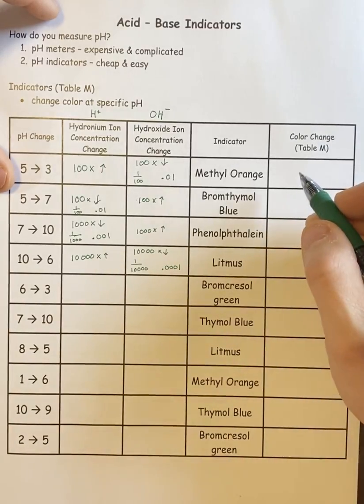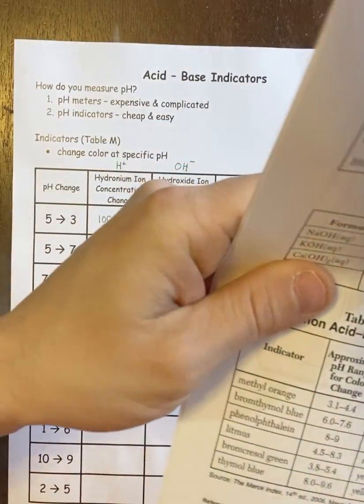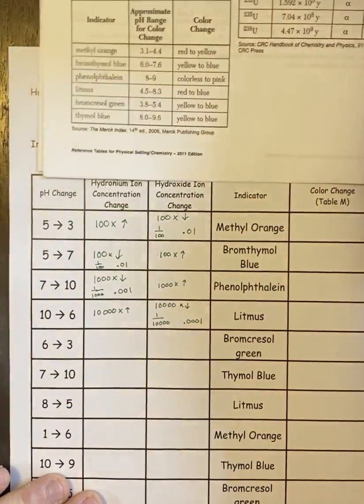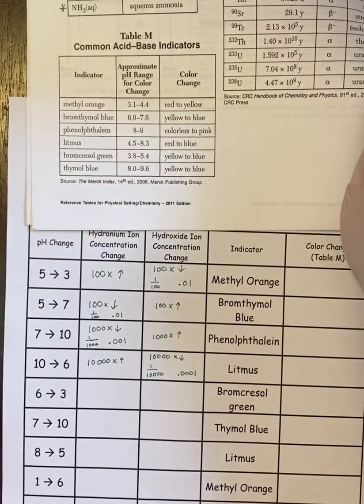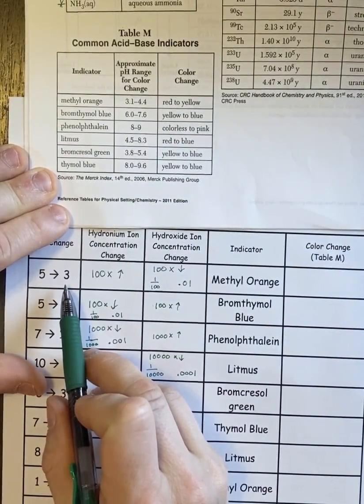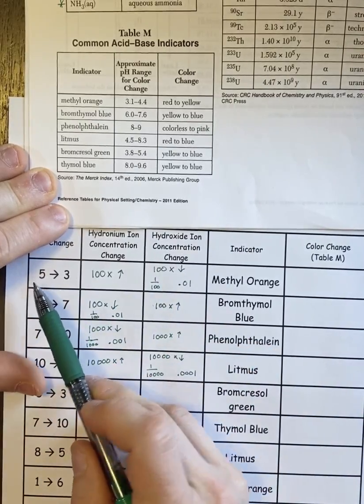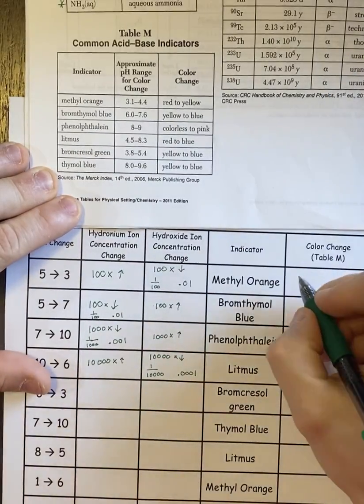Now, in terms of the indicators, here's how it works. Let's look at these with table M out. So, if the pH went from 5 to 3, methyl orange would, well, let's see. At pH 5, it is going to be yellow.